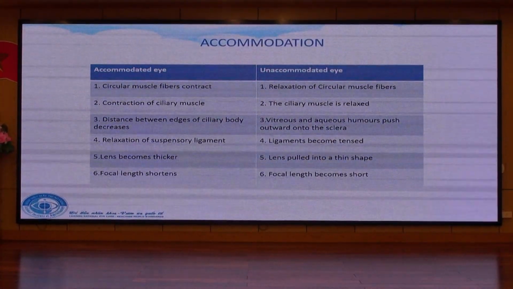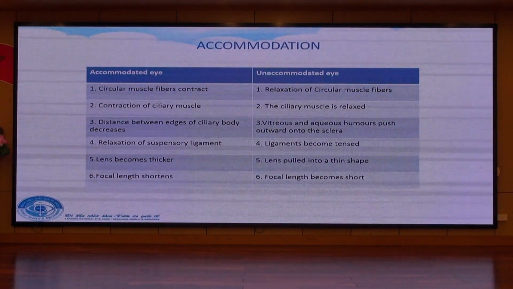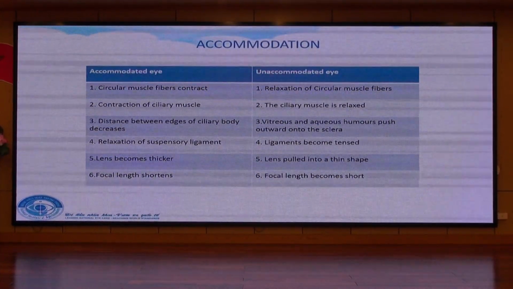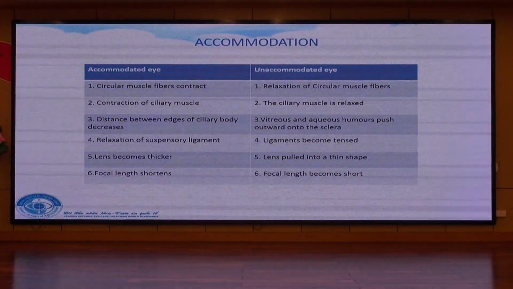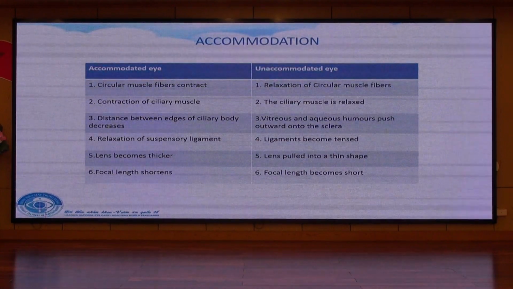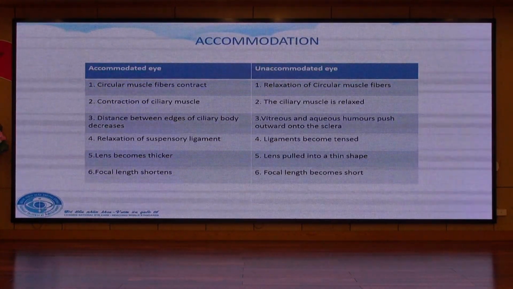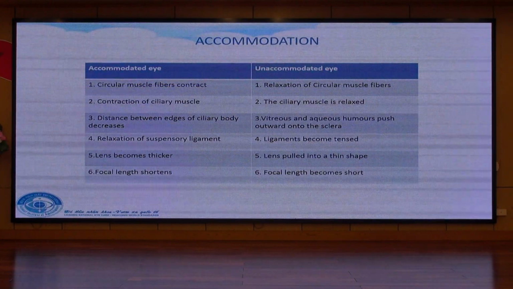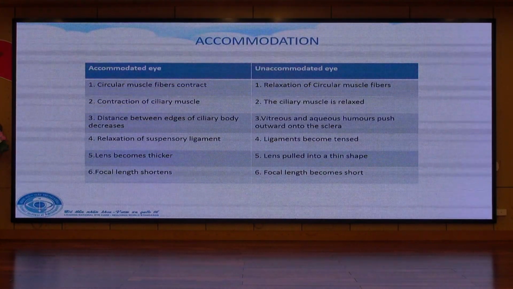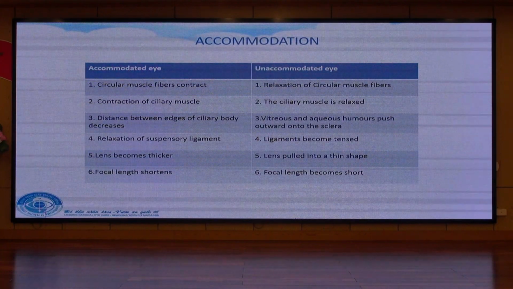There are many theories about accommodation, but according to Helmholtz theory, when viewing a far object, the circular muscle fibers relax, and the suspensory ligaments pull on the lens, flattening it.